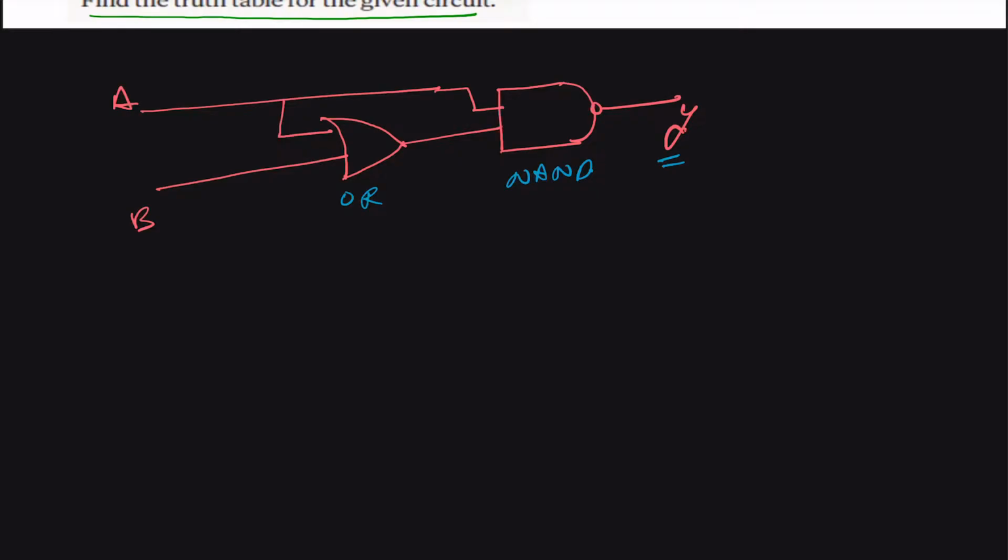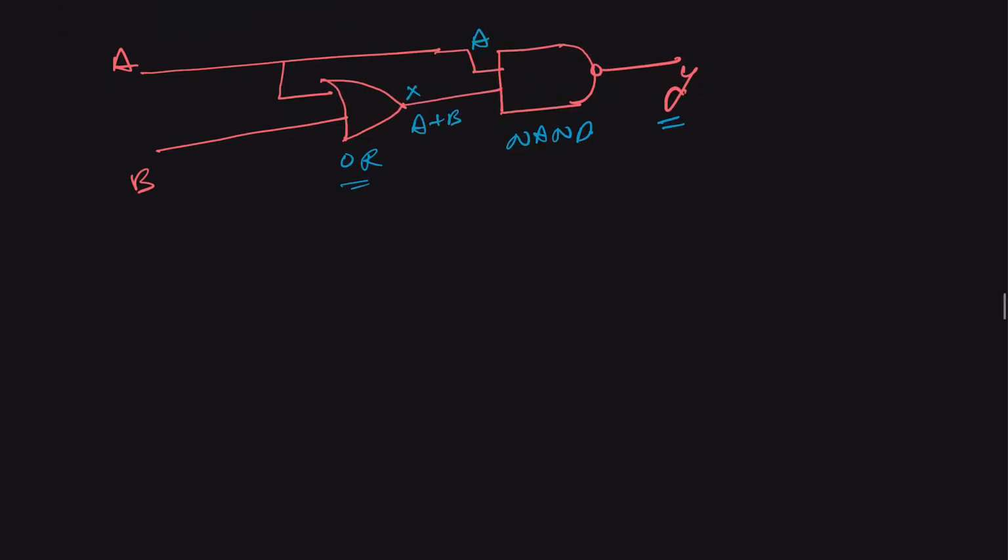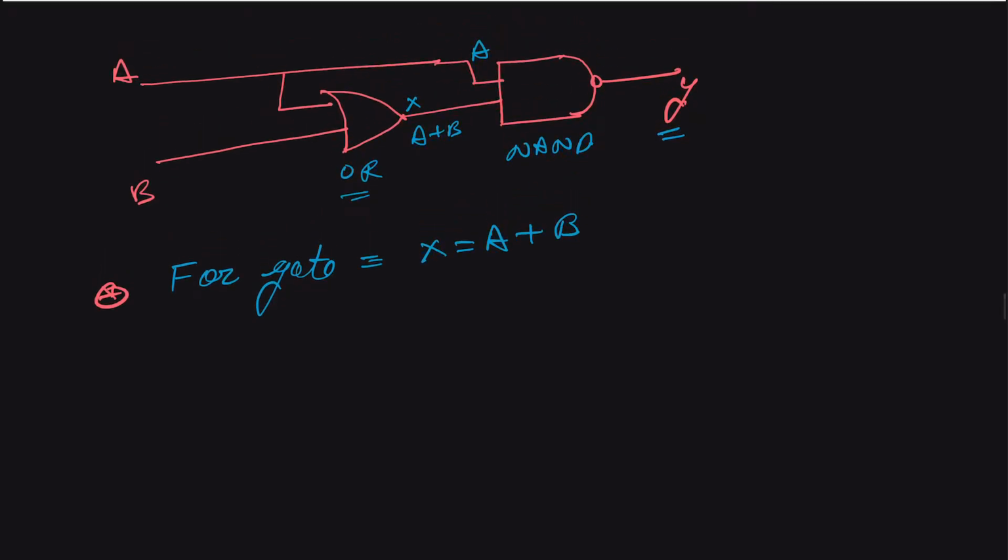We have two inputs for the OR gate, so its output will be equal to A plus B, and let us call this X. Therefore, for the OR gate, we can write that our output X will be equal to A plus B, and our final output Y will be equal to A NAND X.